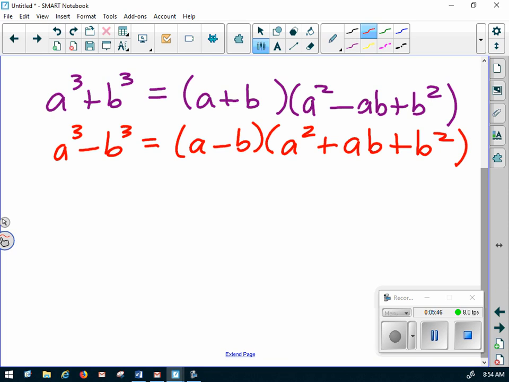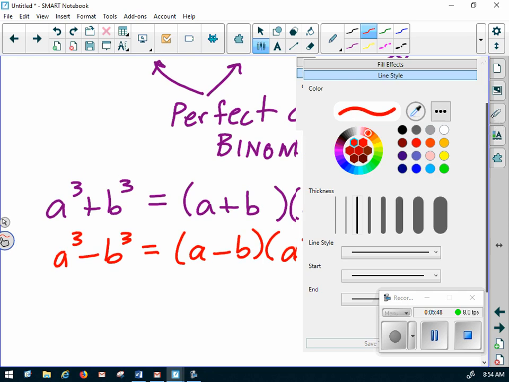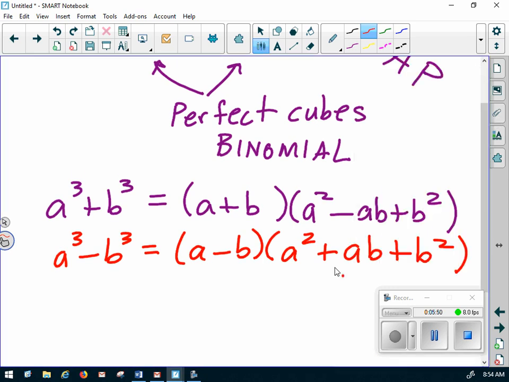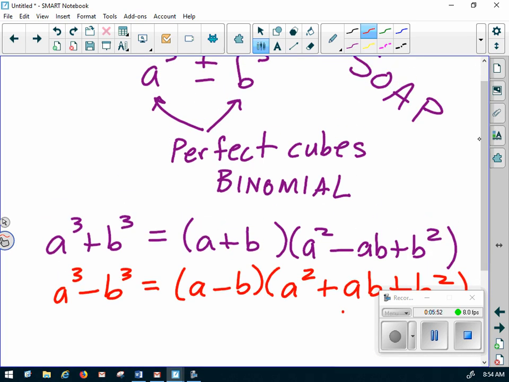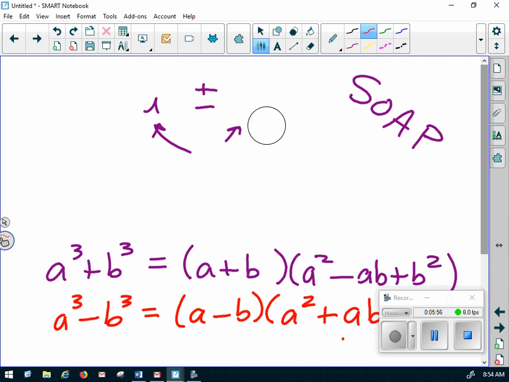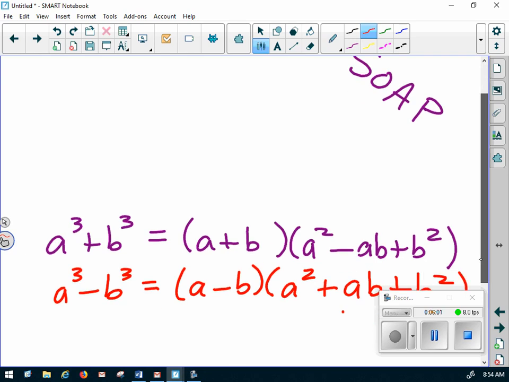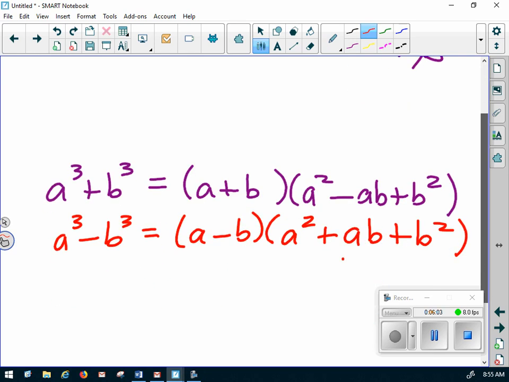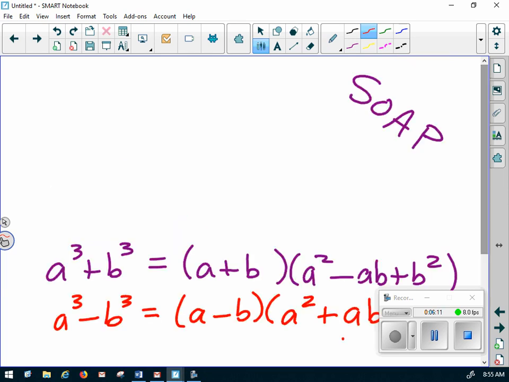Now let's talk about soap. Each one of those letters represents something to tell you what signs to put in here, because you were probably thinking, how do I know if it's plus or minus? Soap tells you what signs to use. So S means same.